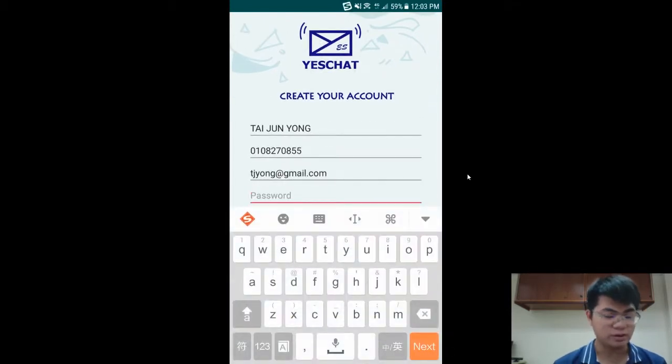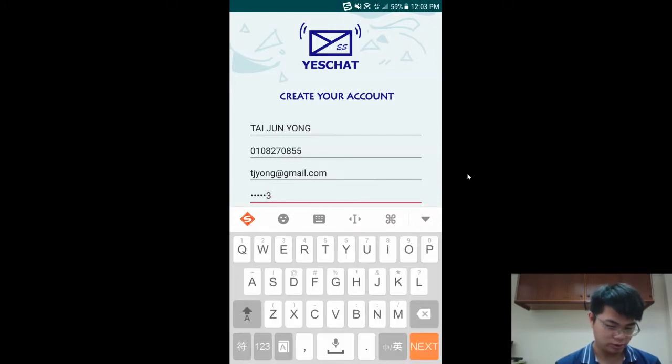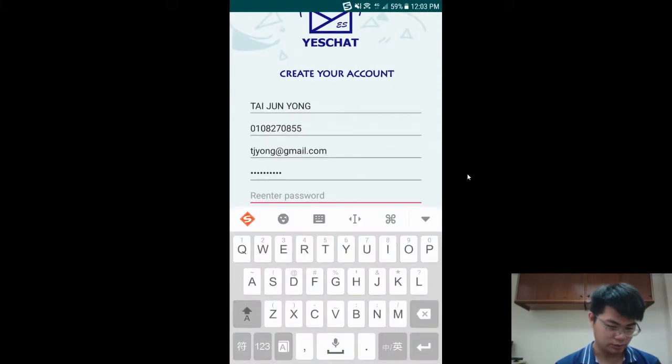For this password, we need to enter 8 to 16 characters, with a combination of alphabet and number. So I type Tai123Yong, and we enter the password.